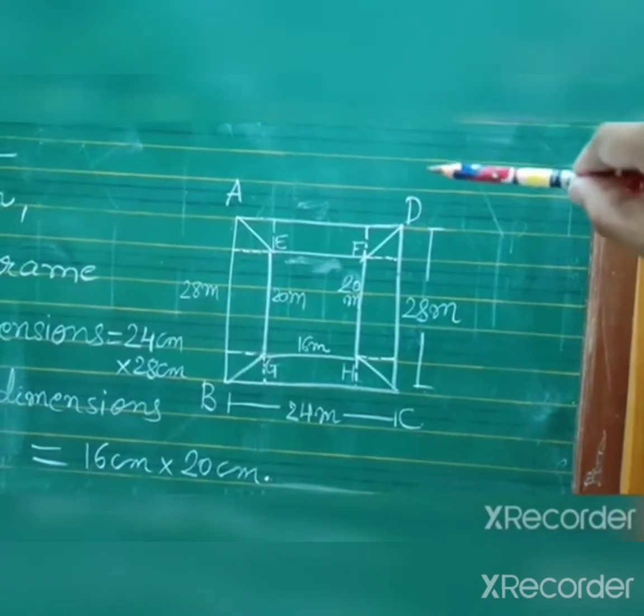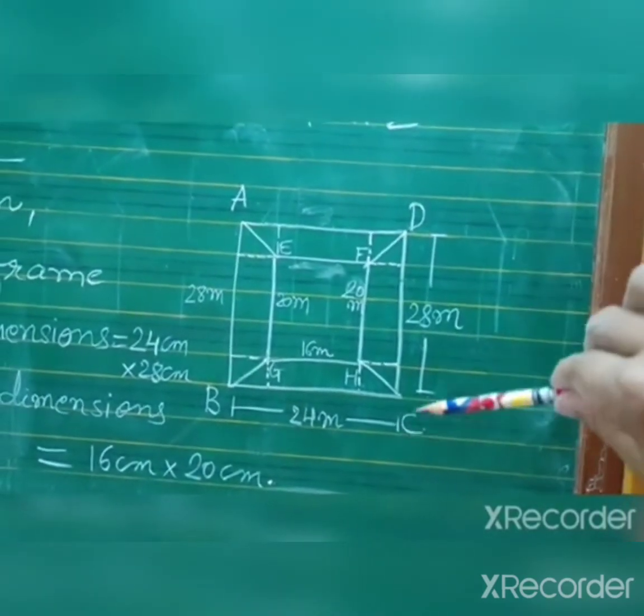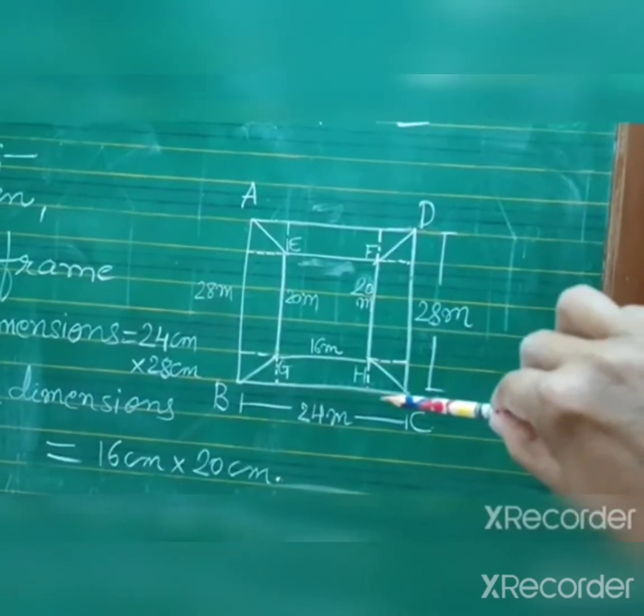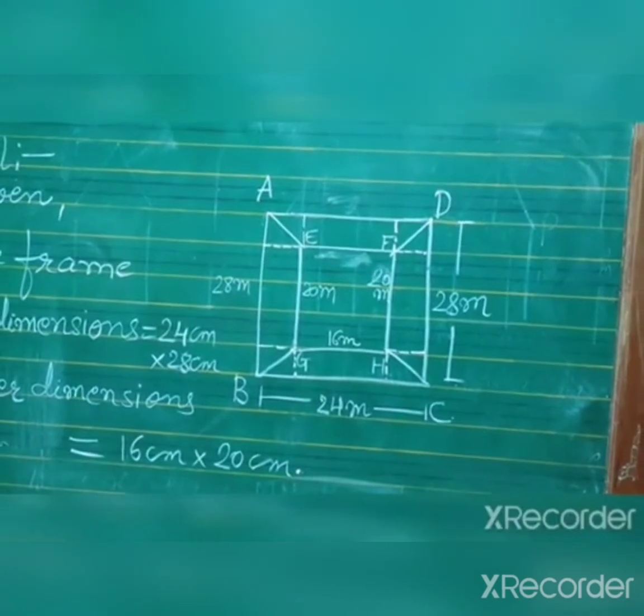Same way, similarly, you can write the area of trapezium CDFH. You will get the same, 96 square meter.